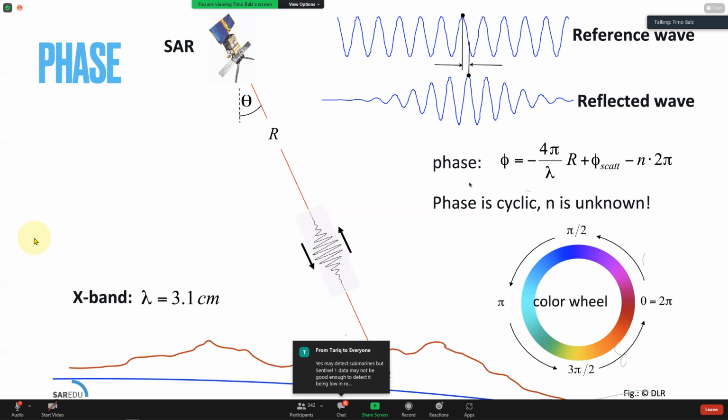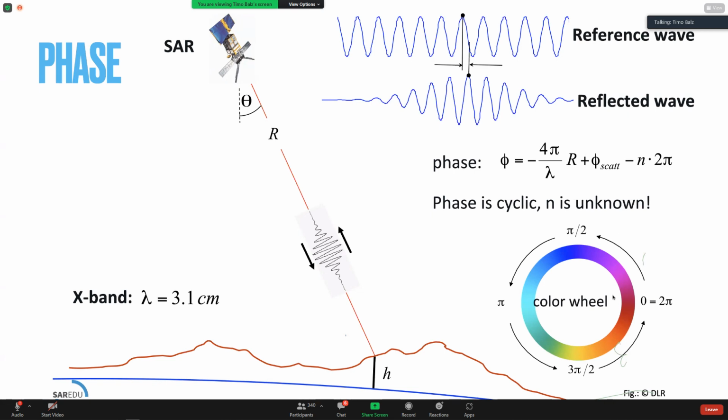And the very important thing is that the phase is cyclic. We go from here right back to here. We typically visualize it with such a color wheel, from 0 to pi and then back to 0, because it's ambiguous. That's typically the way we visualize that. Very colorful, nice pictures.